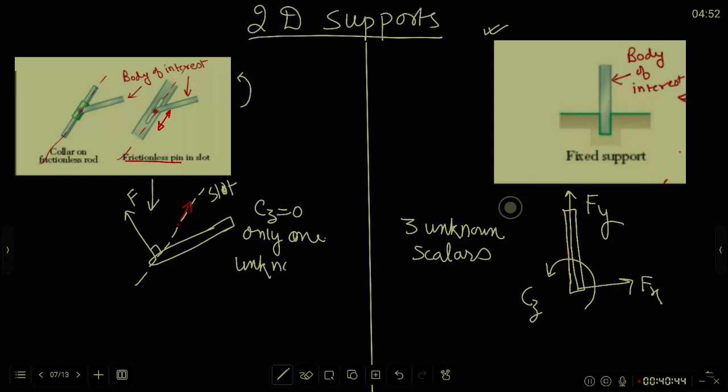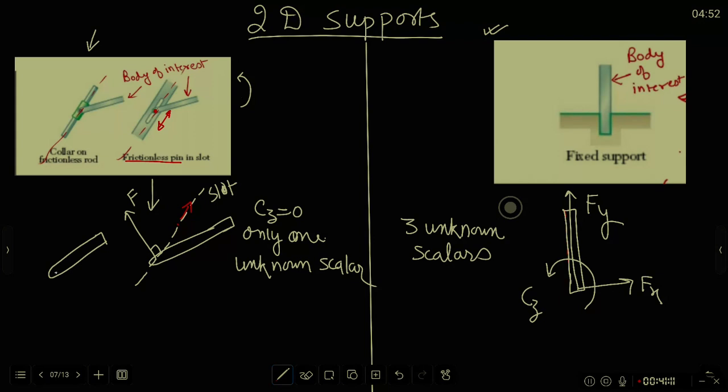The other support shown on this same figure is collar on frictionless rod. Now since it is frictionless, the only force component will be normal to this rod on which it is sliding.